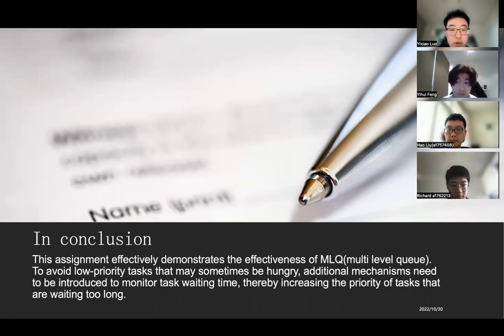If the scheduler needs to ensure a certain degree of fairness, additional mechanisms need to be introduced to monitor the waiting time, so as to increase the priority of tasks with too long a waiting time, such as a fair share scheduler.